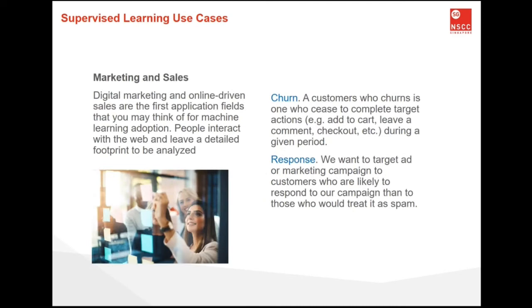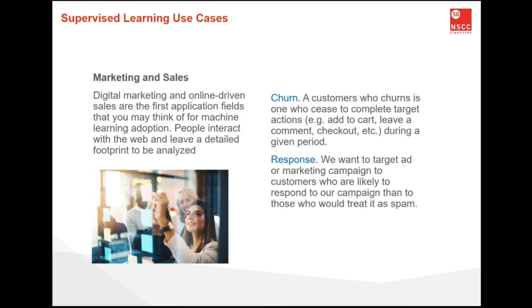Another use case for supervised learning is in the domain of marketing and sales. Nowadays, digital marketing and online-driven sales are the first application fields that you may think of for machine learning adoption. People interact with the web and leave a detailed footprint. That is a lot of data to be analyzed.